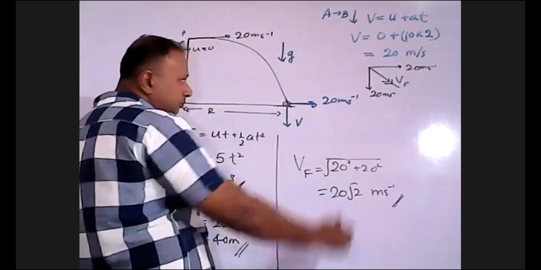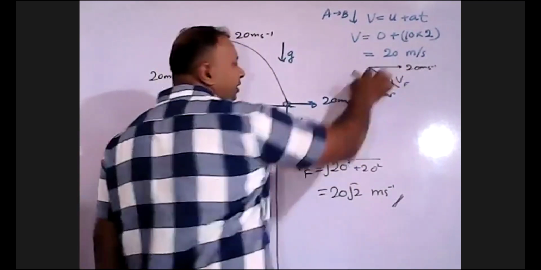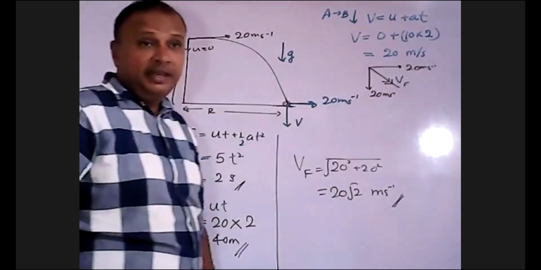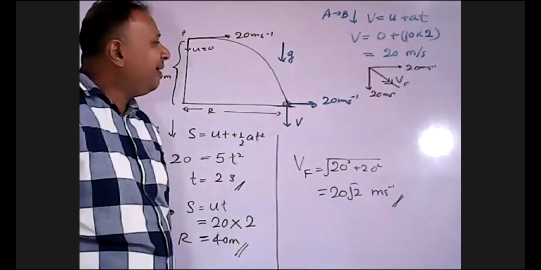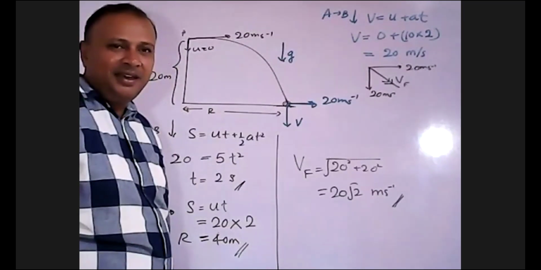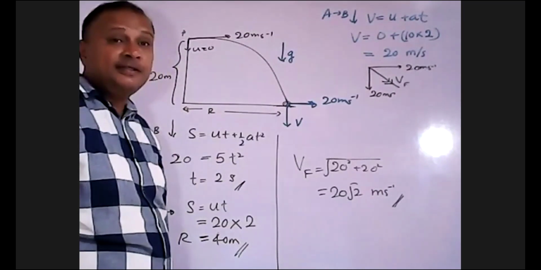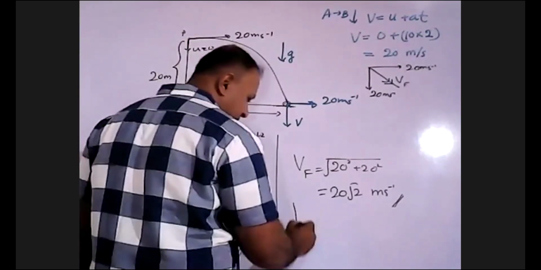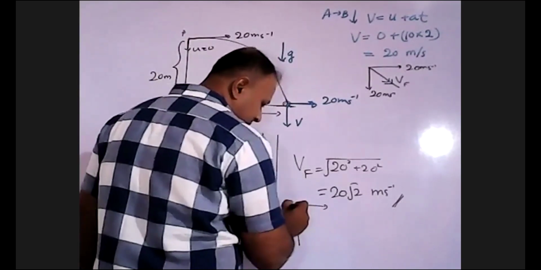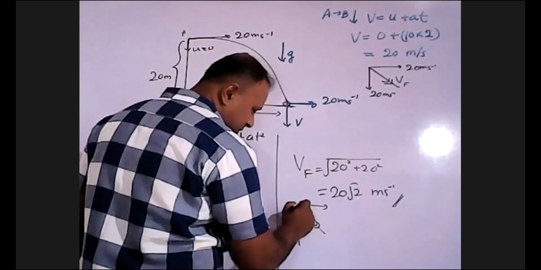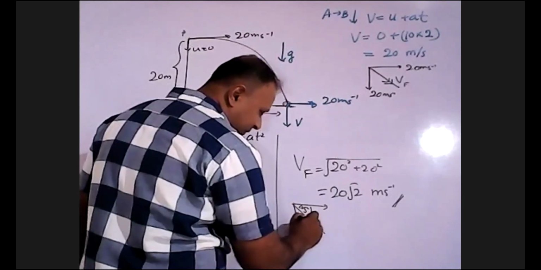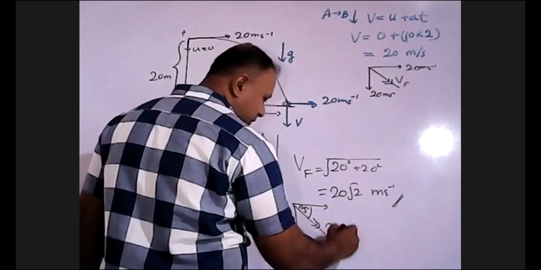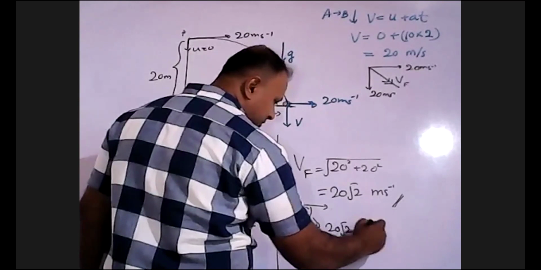The direction is 45 degree, because both components are equal, so the resultant is inclined 45 degree to the horizontal or vertical. Therefore, the direction is 45 degree and the velocity is 20 root 2 m/s.